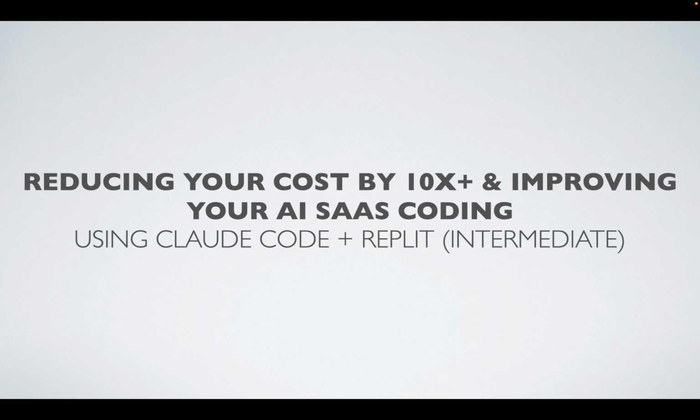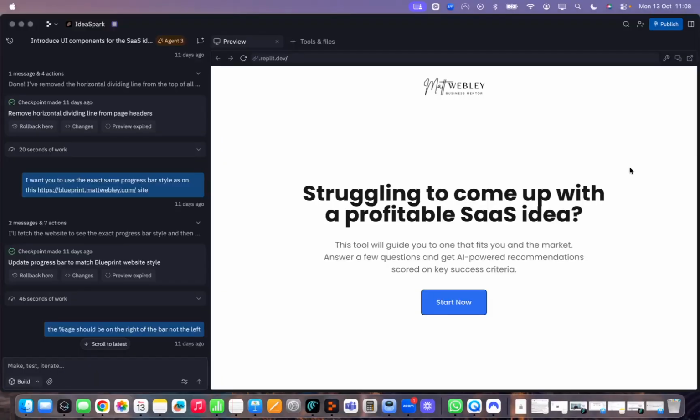But this is actually really exciting for those that are looking to really reduce the cost of development, which is going to be most people, to be fair, to next to nothing. It's giveaway cheap compared to actual building SaaS with human devs. Then you're going to love this. So let's go over to Replit.